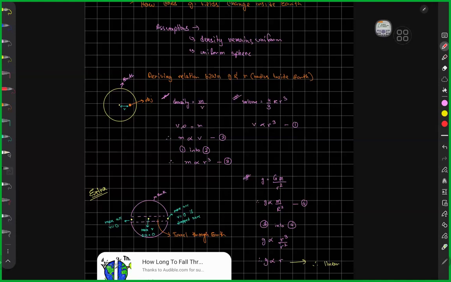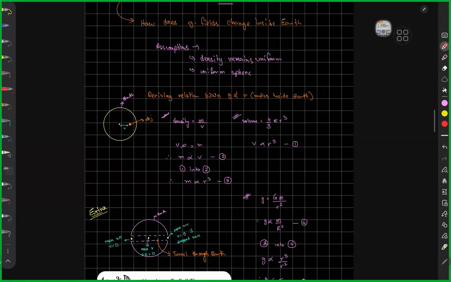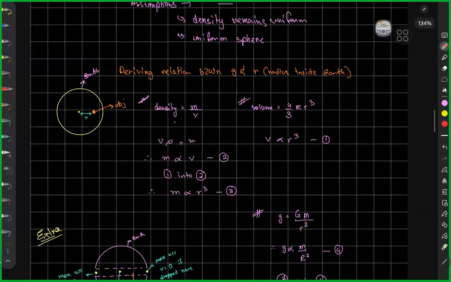The gravitational field strength, the acceleration, keeps decreasing as you tread inside Earth, right? So the proof says, notice now, can I denote the density of Earth as mass by volume? Yeah, we can. So I have Earth over here, and the density of Earth can be given by mass by volume.